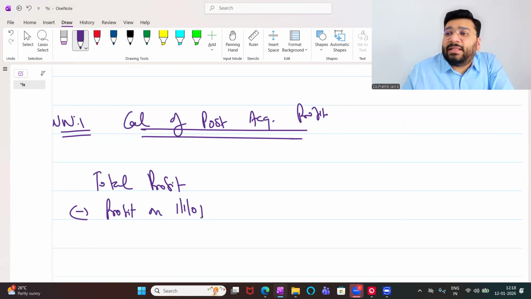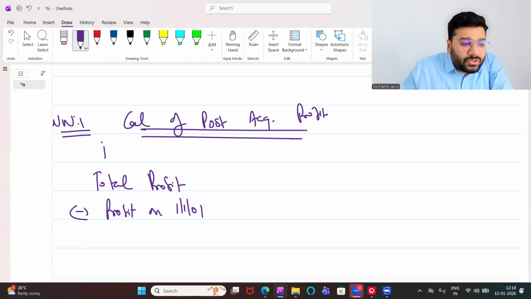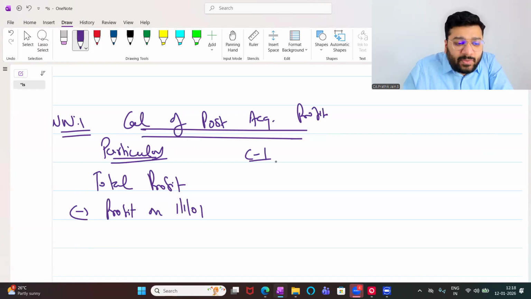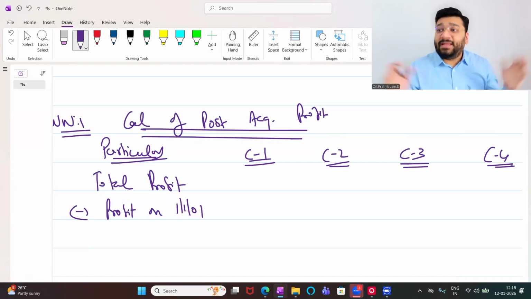If I minus, I'll get the during-the-year profit. From the closing balance, if I minus opening balance, I'll get the during-the-year profit. So the format is particulars, again case 1, case 2, case 3, case 4. You have to be smart enough that you get the answer right. At the same time, the format should look very compact, easy to understand, and you have to complete within the time frame. So you have to think.